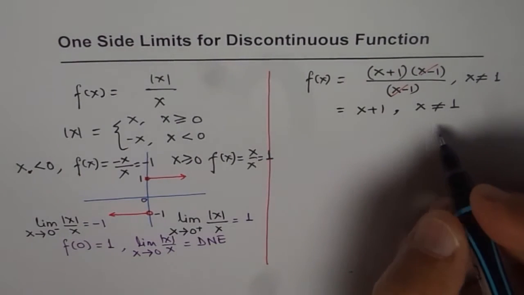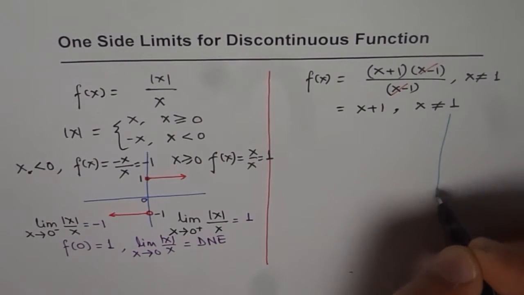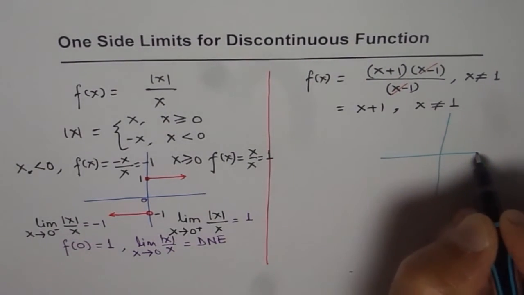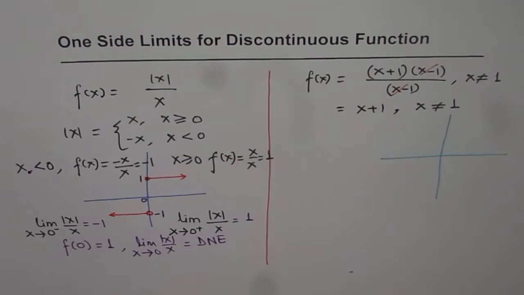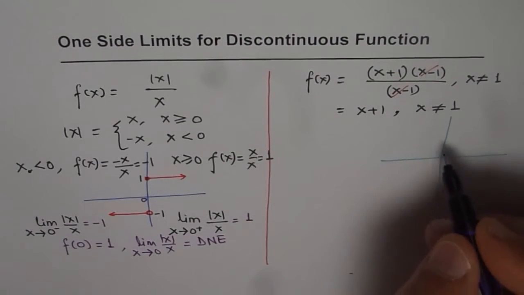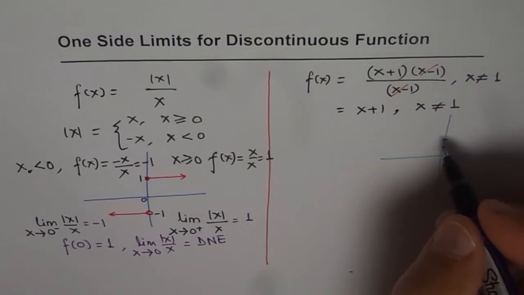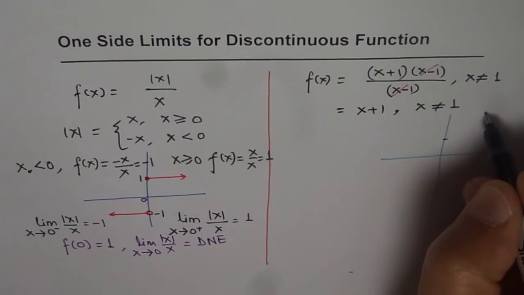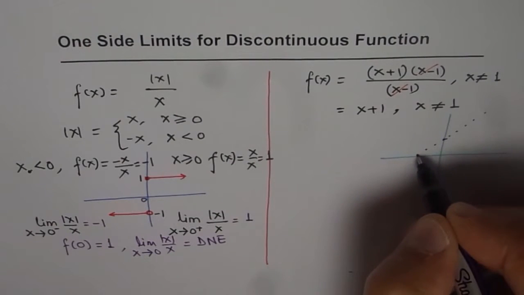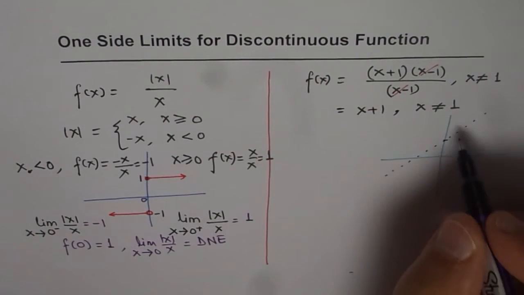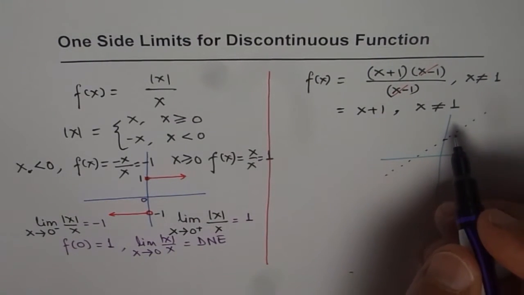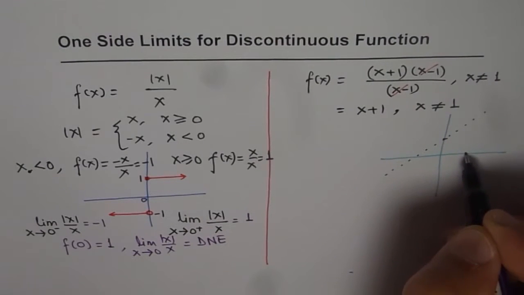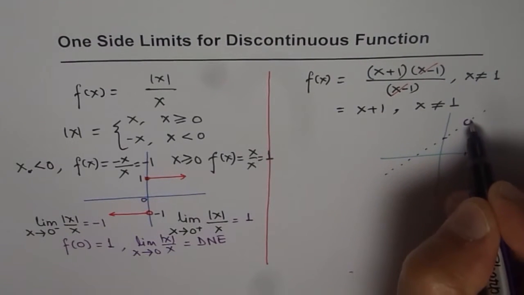Now let's try to sketch this one. So I'll sketch it on the side here. So we have x plus 1, and we know x is not equal to 1, right? If I have to sketch it, x plus 1 means this point is 1 and the slope is 1, right? So the slope is 1, so it will be like this, our graph. But x is not equal to 1, that means if this value is 1, then there is a hole here, right?